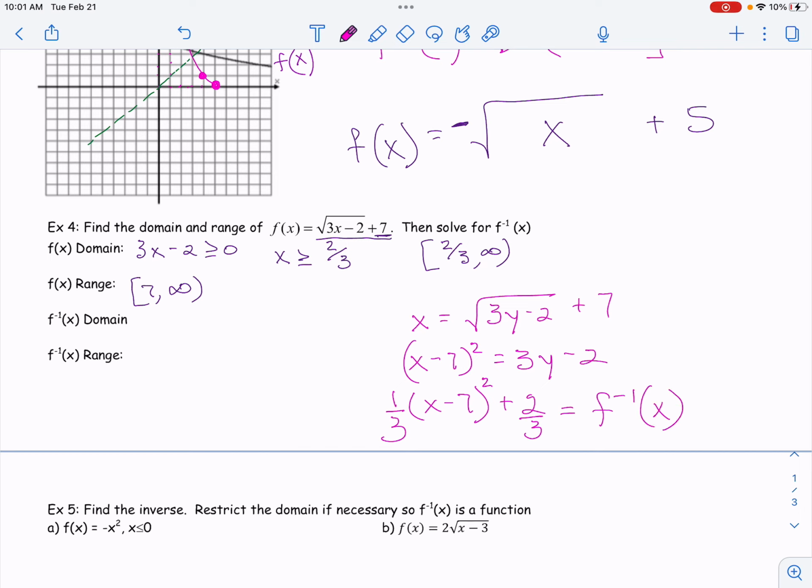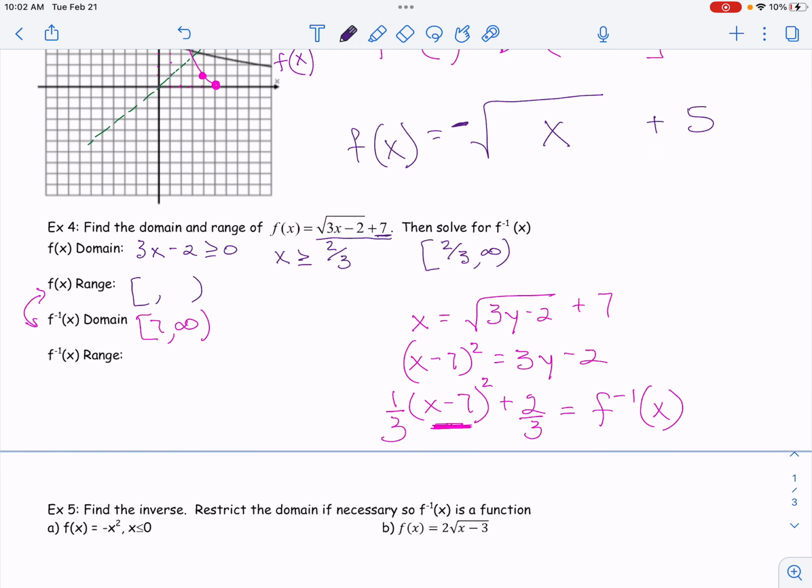My domain, I have to look at what's right there because that's going to affect the domain of the inverse. So this is going to be x, it's going to be 7. Well, you can see that the domain and the range are reflected. So this is going to be 7 to positive infinity. This, I messed up. This should be the opposite way.